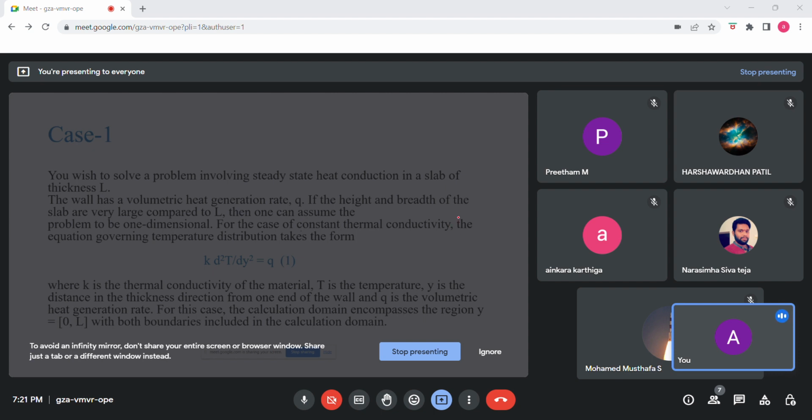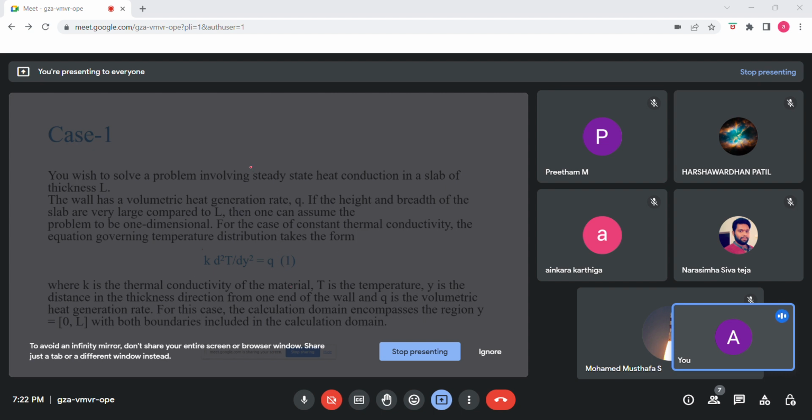Here, for the case of constant thermal conductivity, the equation governing temperature distribution takes the form k d²T/dy² = Q, where k is the thermal conductivity of the material, T is the temperature, y is the distance in the thickness direction from one end of the wall, and Q is the volumetric heat generation rate. For this case, the calculation domain encompasses the region y = 0 to L, with both boundaries included in the calculation domain.